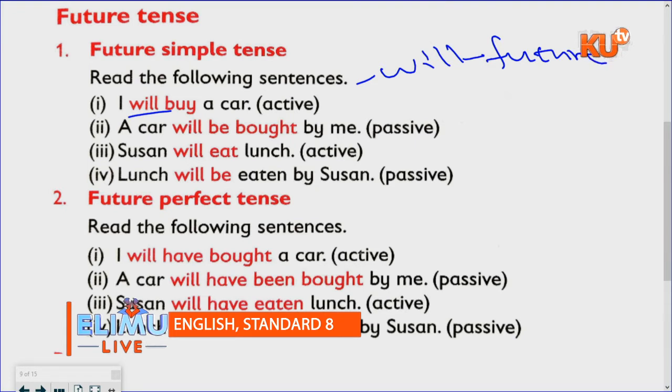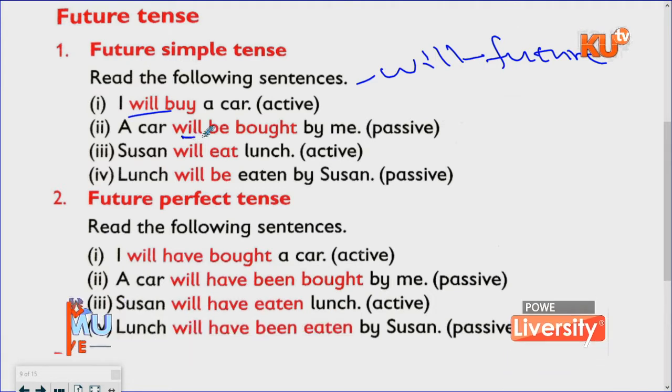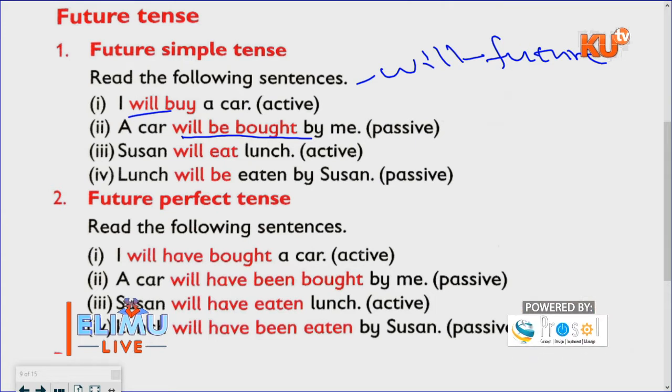All right. I will buy a car in the future. A car will be bought by me. So "will buy" changes to "will be bought". Susan will eat lunch.